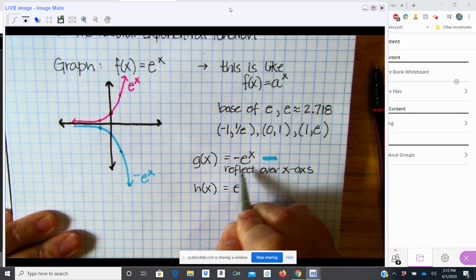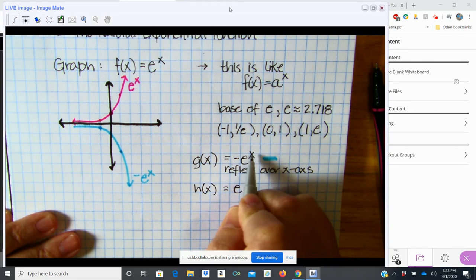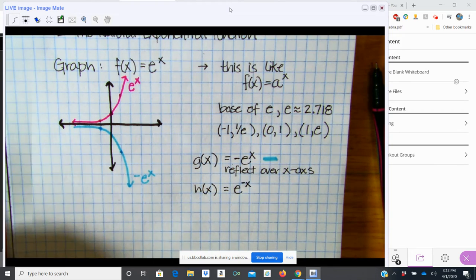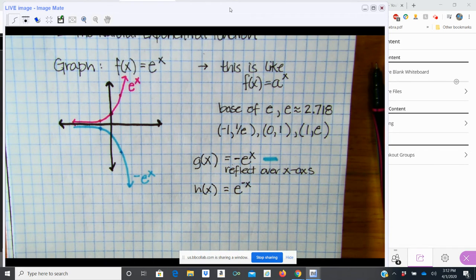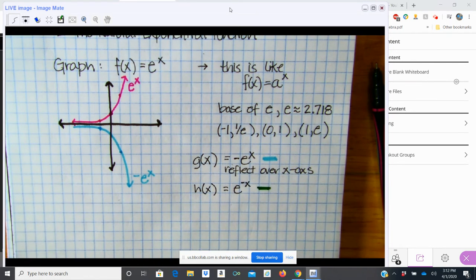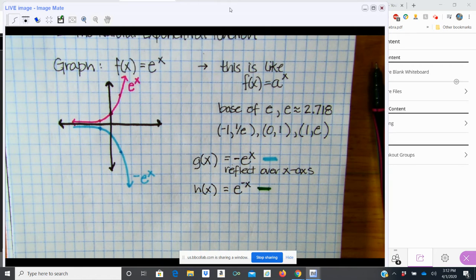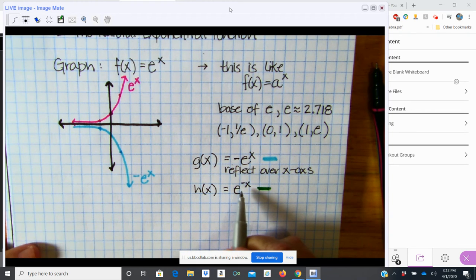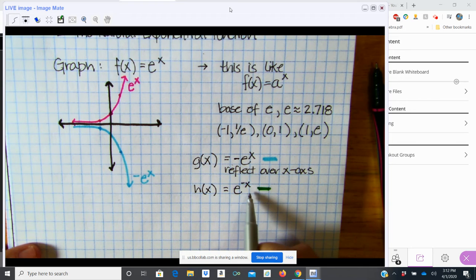What happens if I put the negative not in front of the e but on the x? No. Doesn't expand it, and it's not going to shift it.